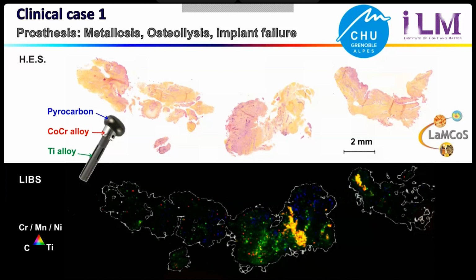And since this was not observed in optics with histology, we can strongly consider that these are nanoparticles that came from the friction of the different components of the prosthesis.